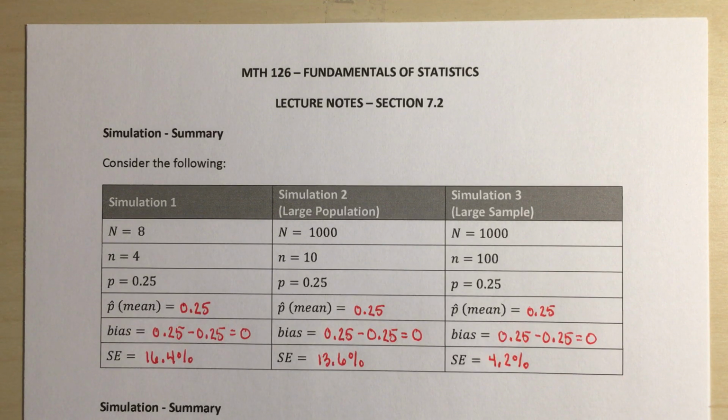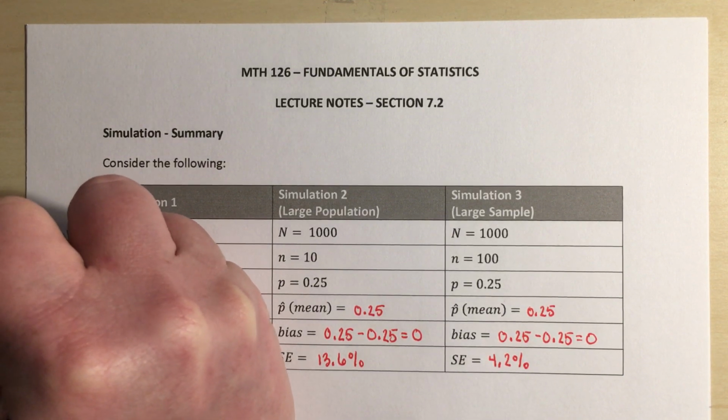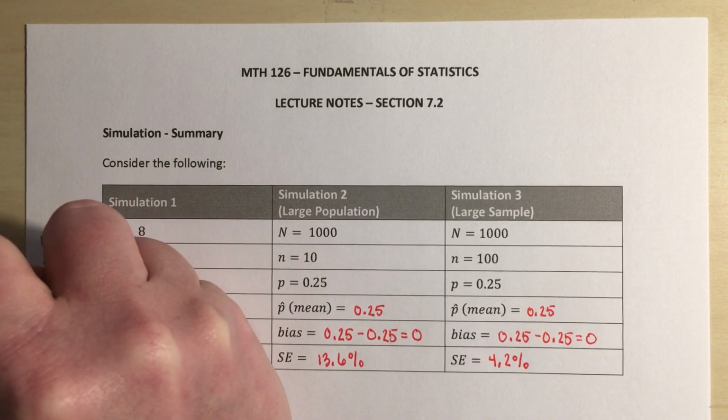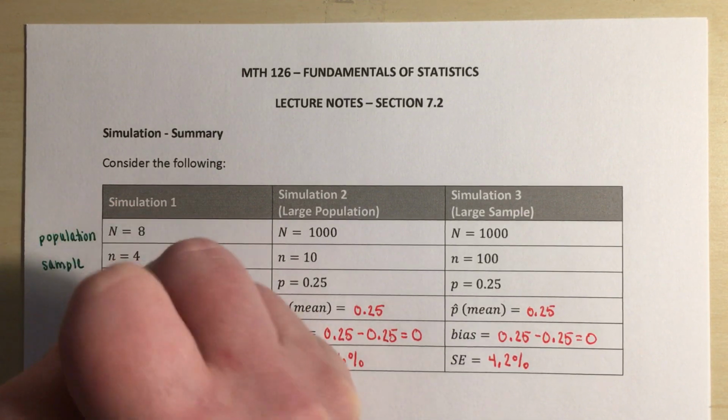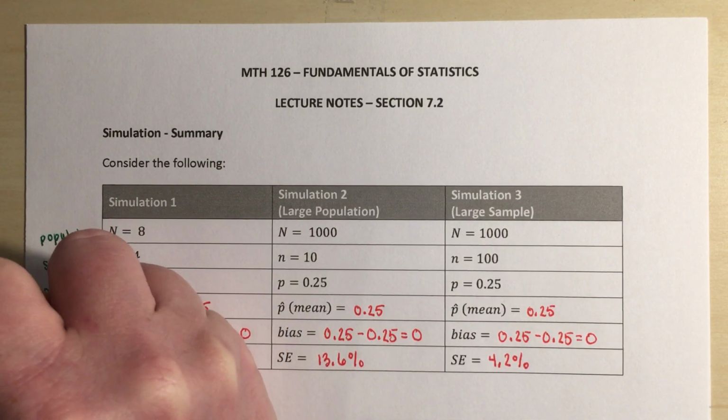Just looking at the notation here, as a reminder, this capital N was our population, in case you want to go back and look at these. Our lowercase n is our sample. P is our population proportion.